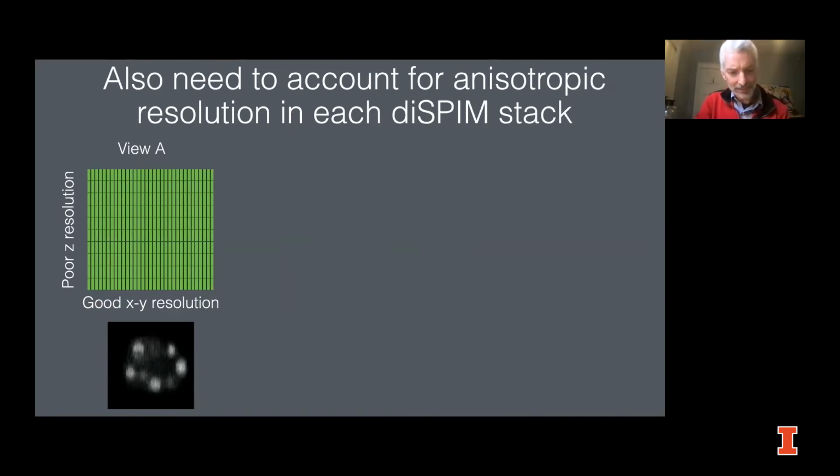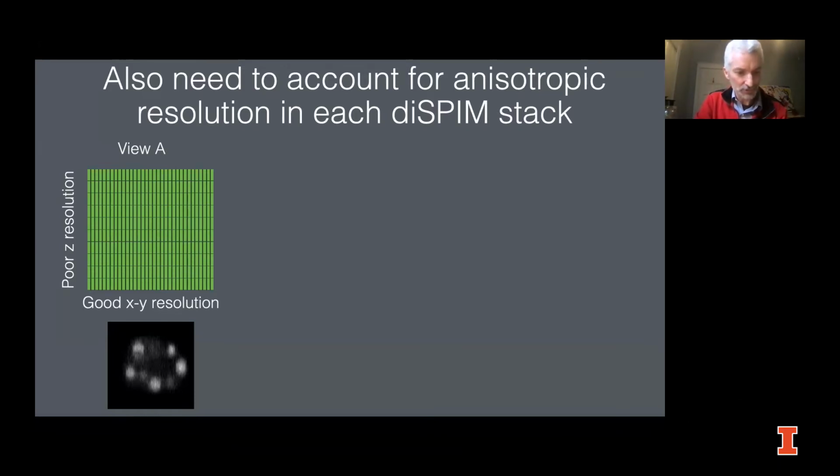The other thing that we need to model in our forward model and deal with is the issue of anisotropic spatial resolution in a light sheet microscope. Frankly, almost any microscope is going to have poor axial resolution. You can have good transverse resolution and poor resolution along the axial direction, and a light sheet is no different.